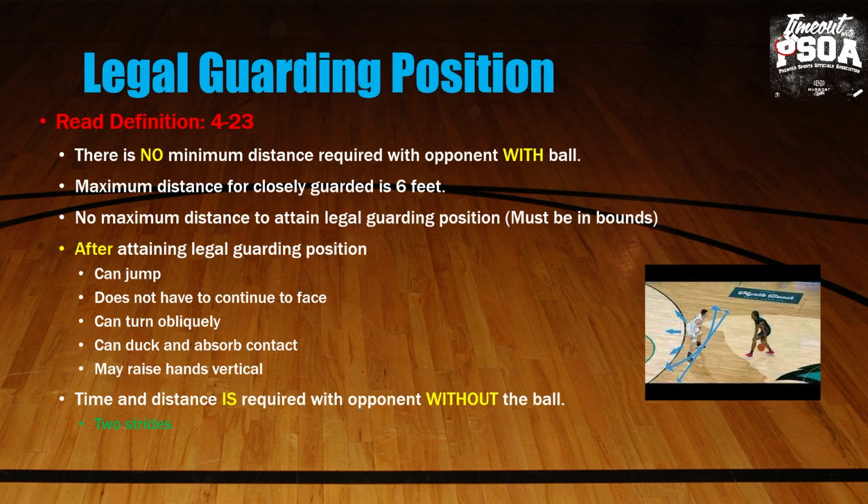Next rule, legal guarding position. Coaches, as players come back 2024, if there is one rule that the defenders should really understand, it's how do I get legal guarding position? All right, so number one, there is no minimum distance required with the opponent with the ball.